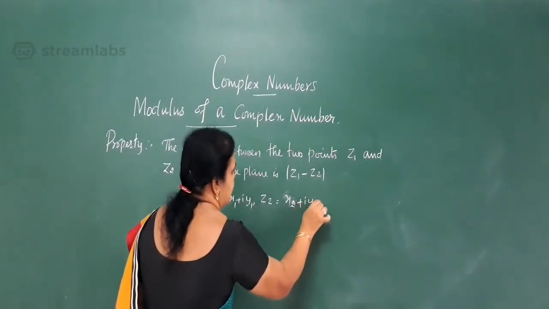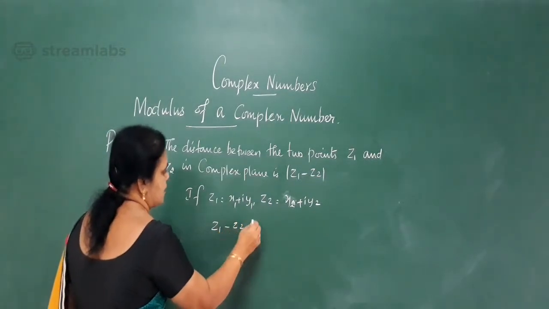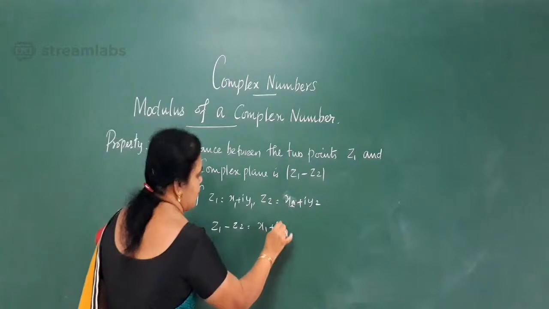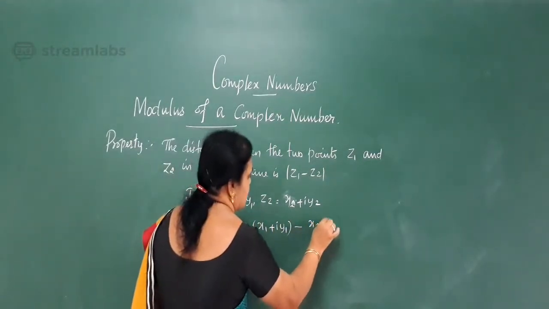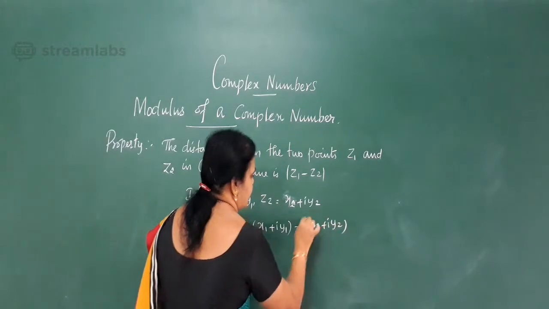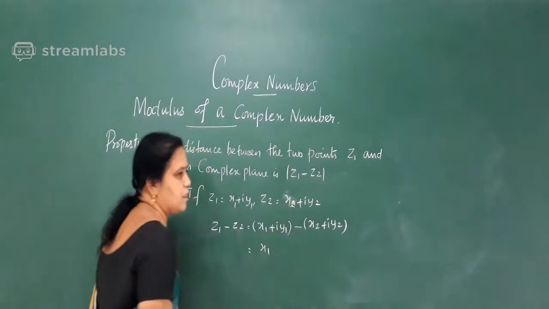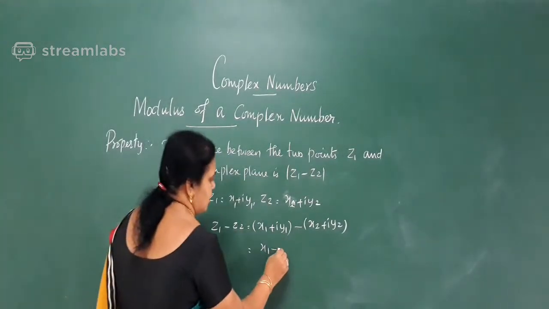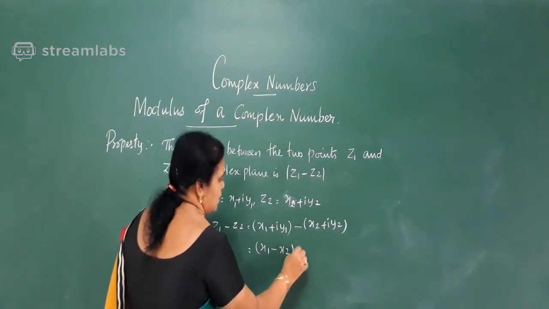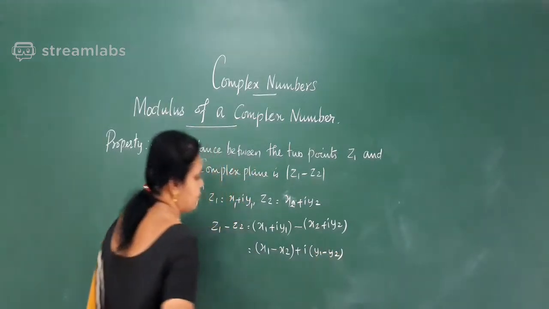z1 minus z2 is x1 plus i y1 minus x2 plus i y2. Writing the real and imaginary parts, it comes x1 minus x2 plus i into y1 minus y2.